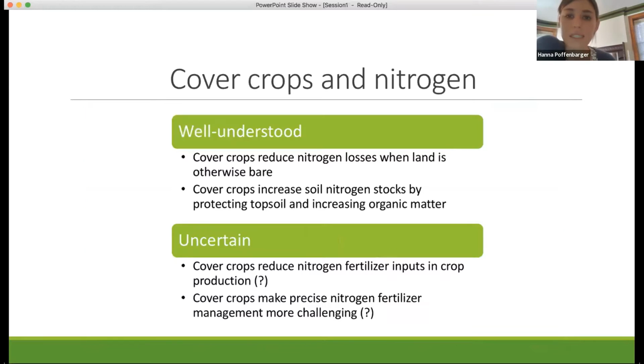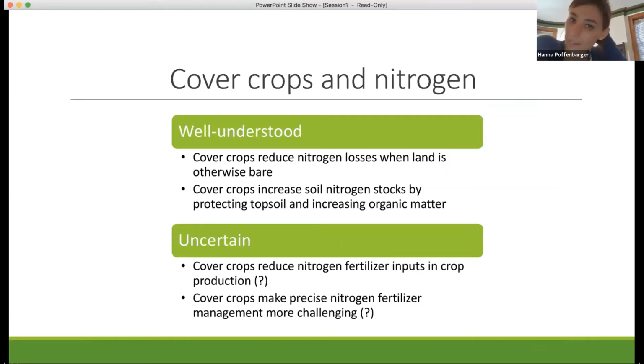Next slide, please. So we understand a few aspects of cover crops and nitrogen pretty well. We know that having that cover crop present during a time when the land would otherwise be bare can be really impactful in terms of reducing nitrate leaching.